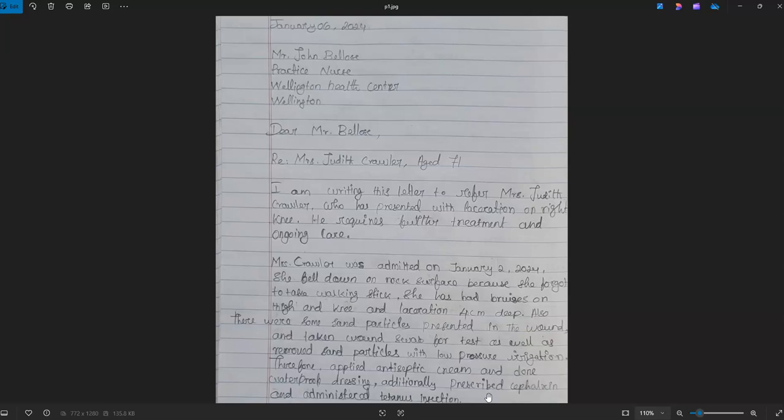Additionally, therefore, antiseptic cream and waterproof dressing was applied. Additionally, cefaxin was prescribed and tetanus injection administered. That's passive.